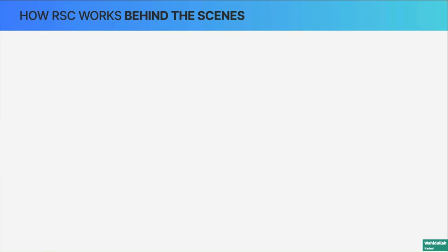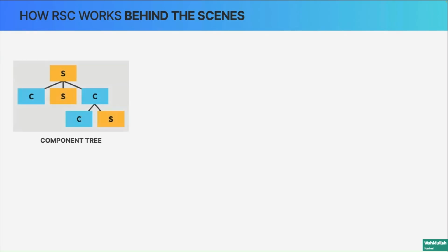So let's say that we have an app that uses the RSC architecture and that we have this component tree, which contains both server component instances, which we'll call SC in this slide, and client component instances, so CC for short. And just like before, I'll keep it simple by usually just saying component instead of component instance.